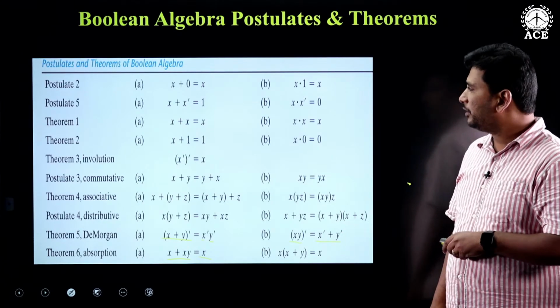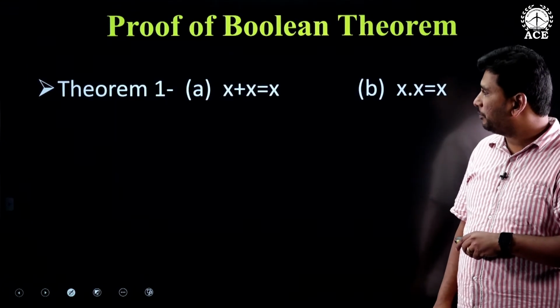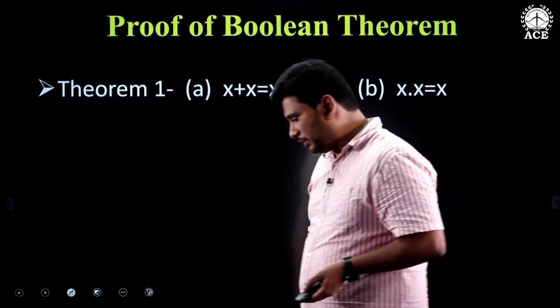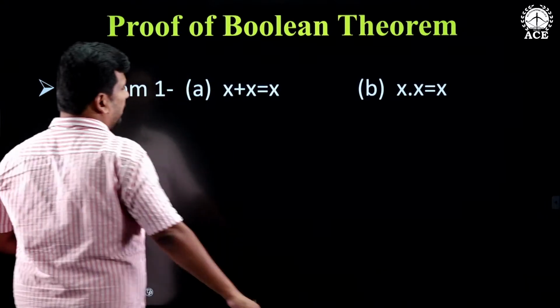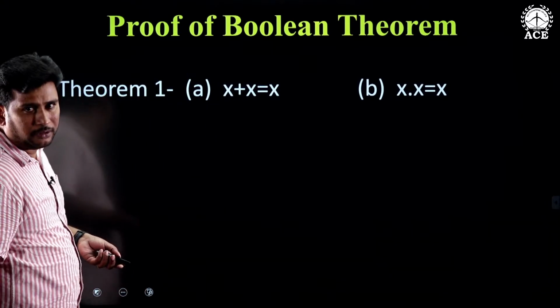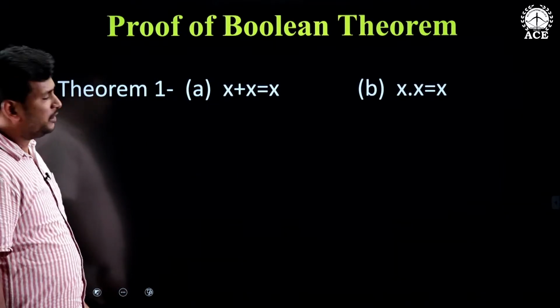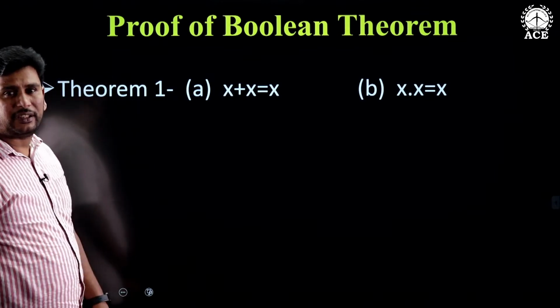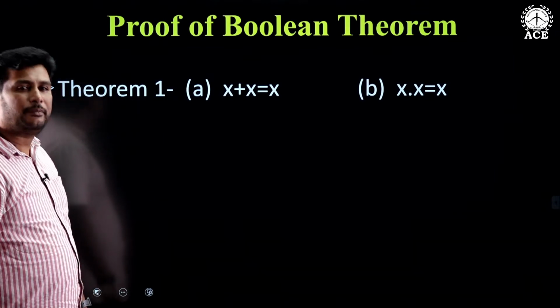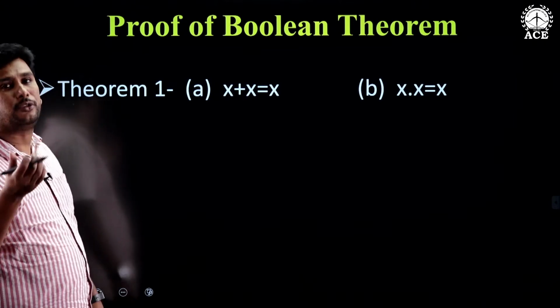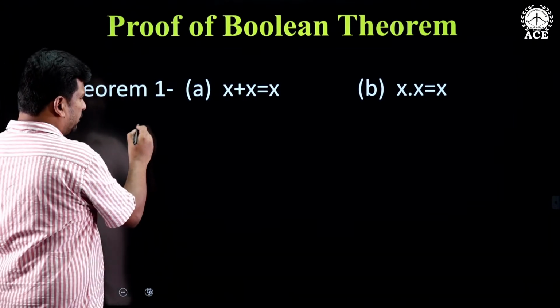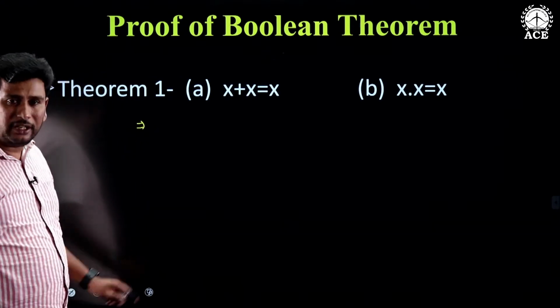Let me start with some of your important theorems. Now the first theorem is X OR with X is equal to X. Remember, for theorems you can use postulates as one method, or another method is using a truth table. Let me first use the postulates which we have learned so far.